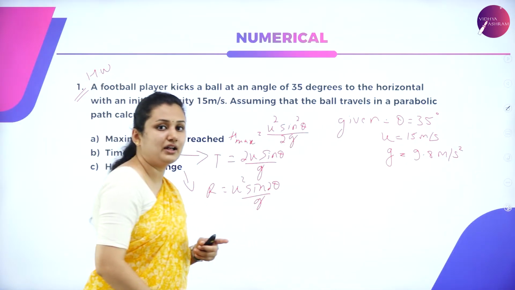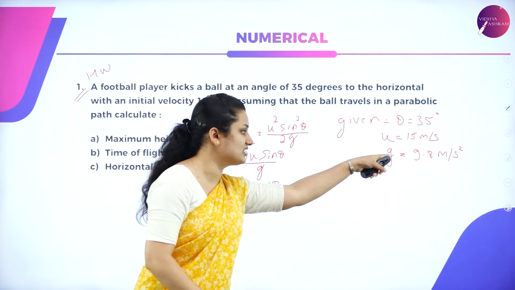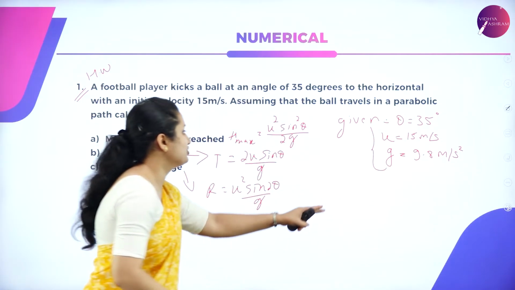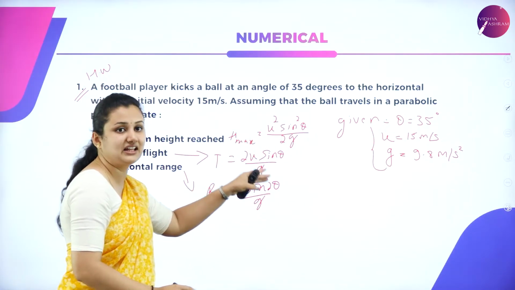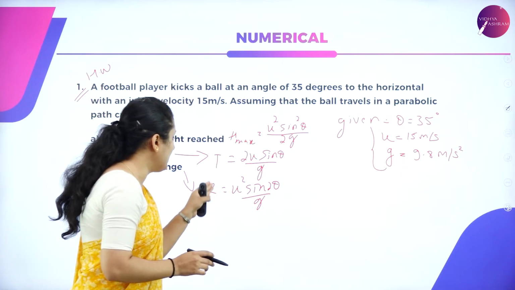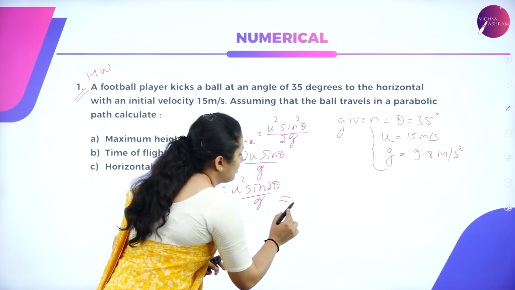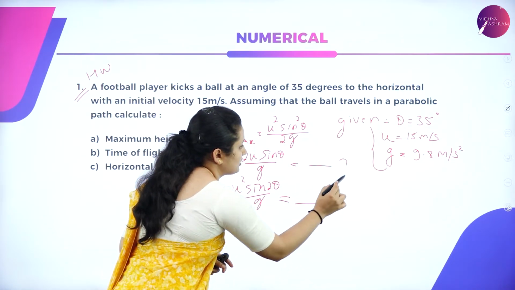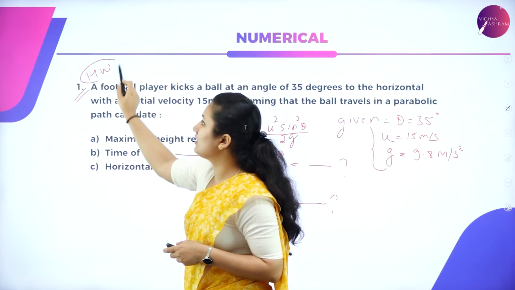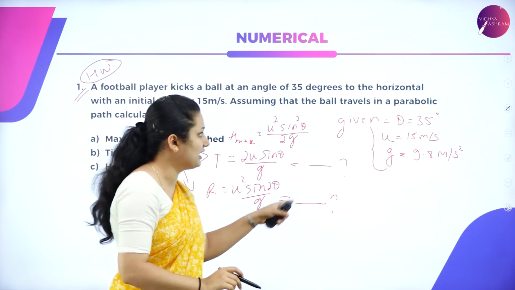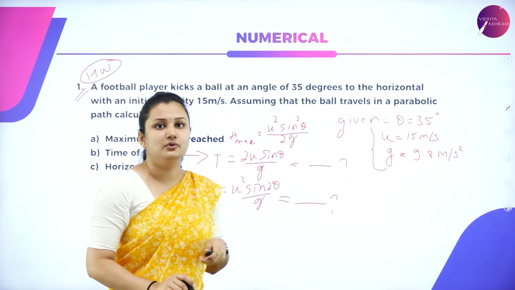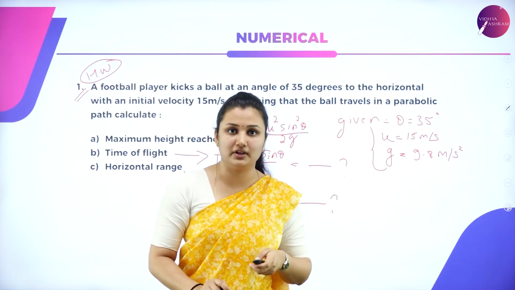So with these given things, you have to just substitute in the formulas that we have derived in the previous slide, h max, time and range, and calculate the values. Do try to solve this numerical by yourself, where you already have a formula with the given parameters in the question.